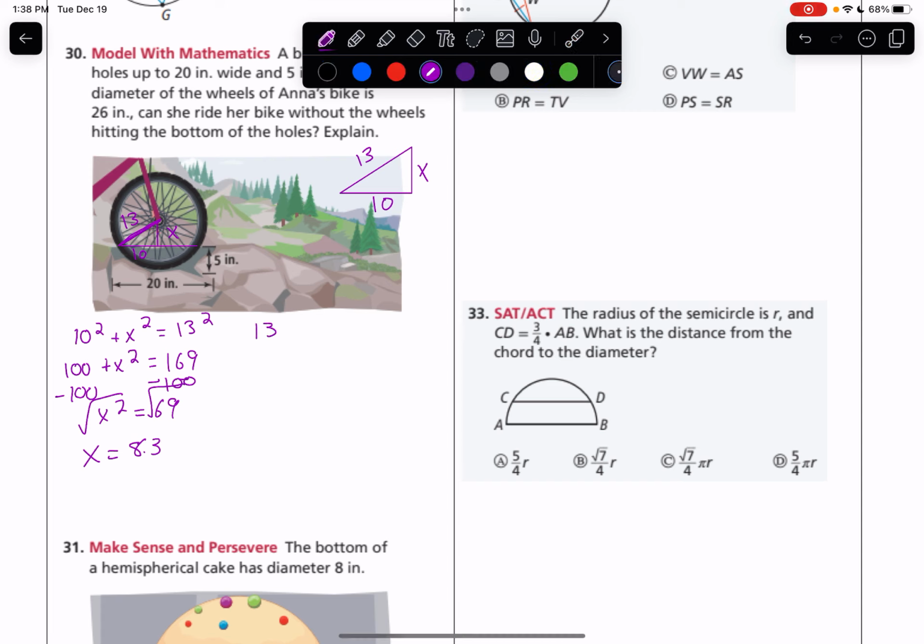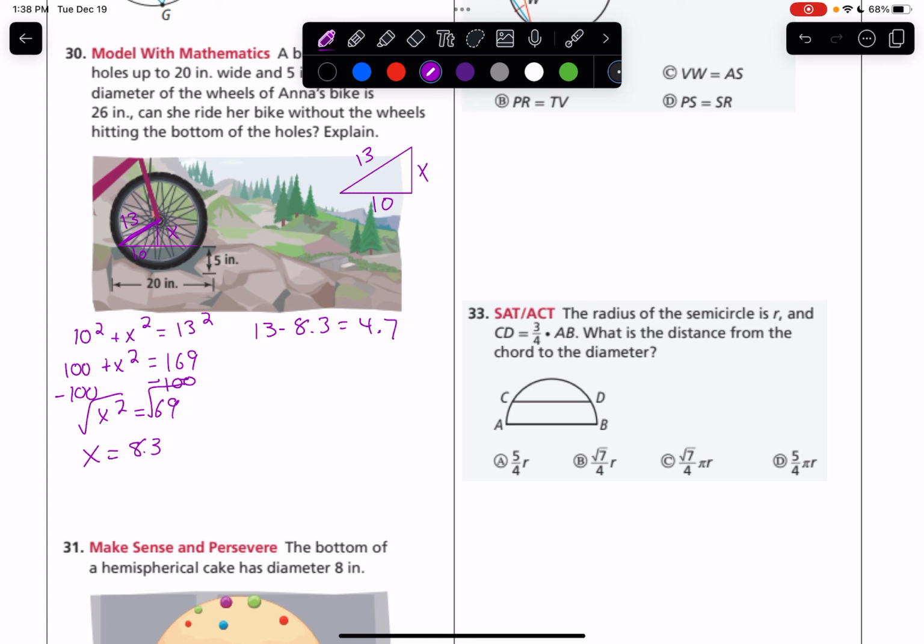So 13 minus 8.3 gives me 4.7, which tells me that the bike tire is 4.7 inches into the hole. But the hole is 5 inches deep. So that bike tire is not actually reaching the bottom of the hole. It's right above it when both of the edges of the tire are at the edges of the hole.